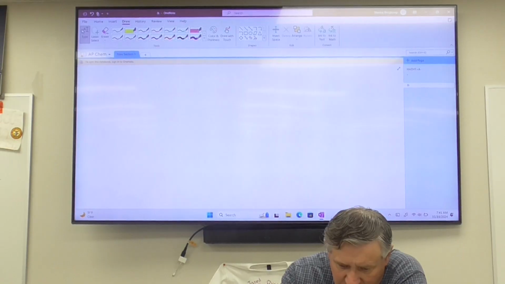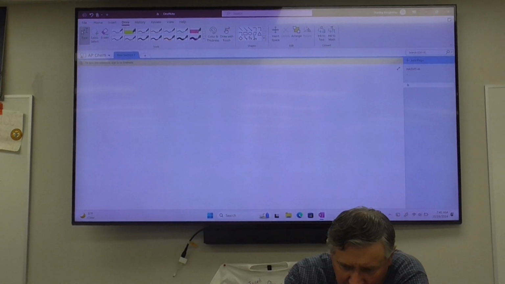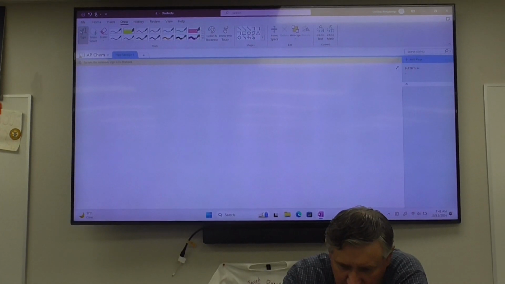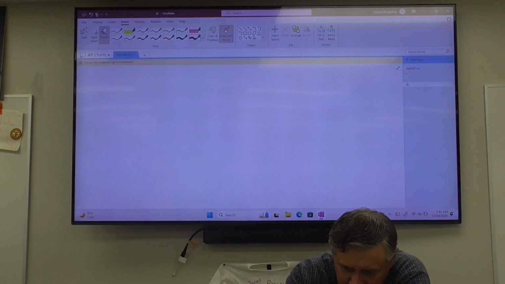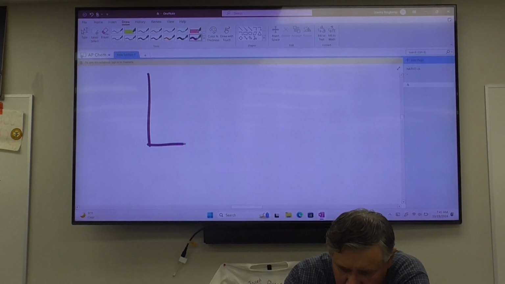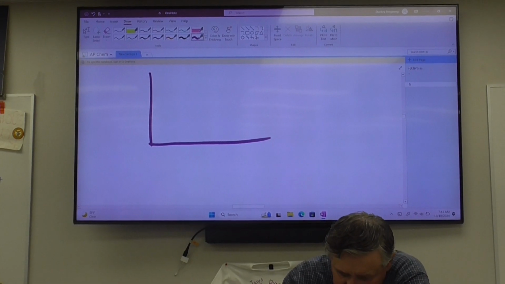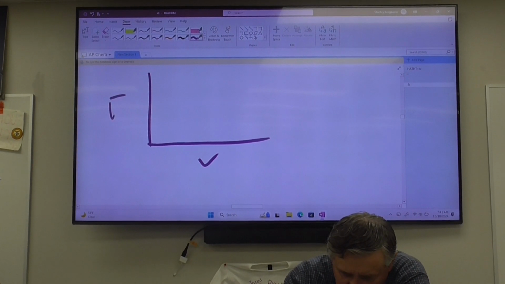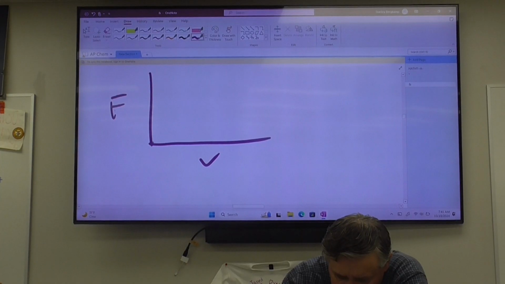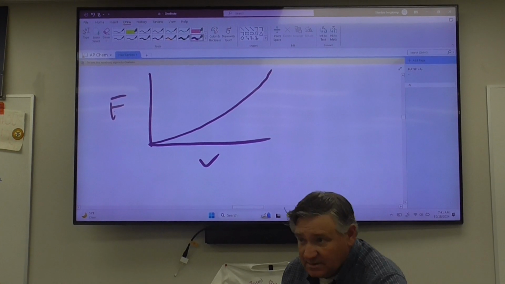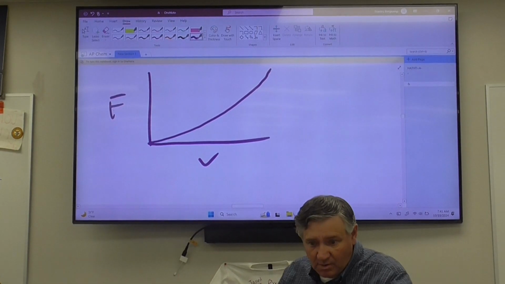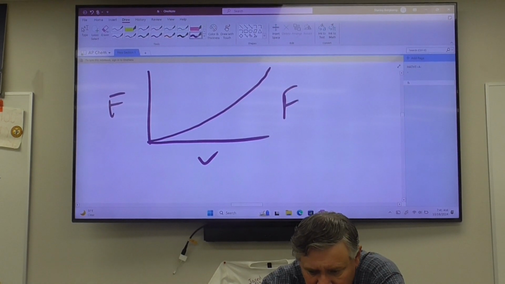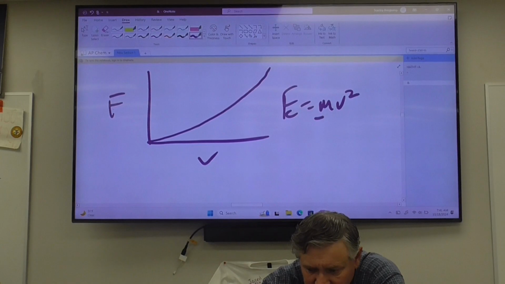So on trials 1 through 4, you should have a graph that looks something like this, where you've got velocity here, force here, and this should look something like this, okay? Now, understand why. It's because centripetal force equals mv squared over r.